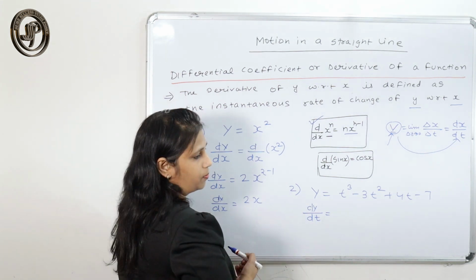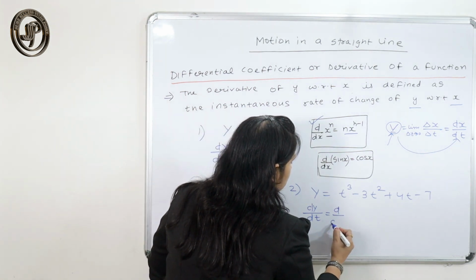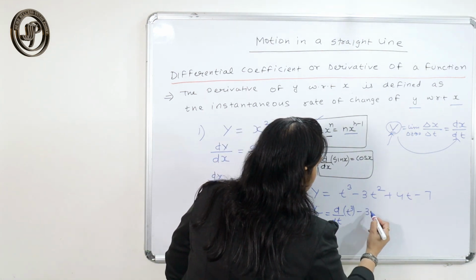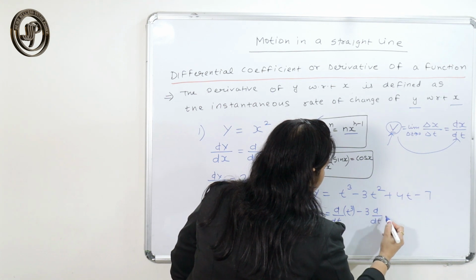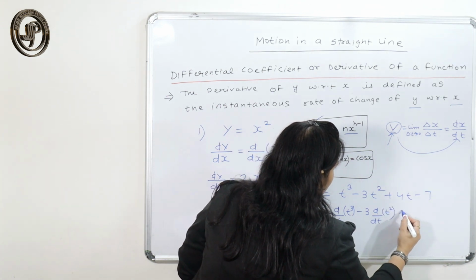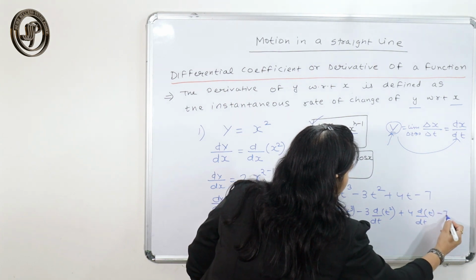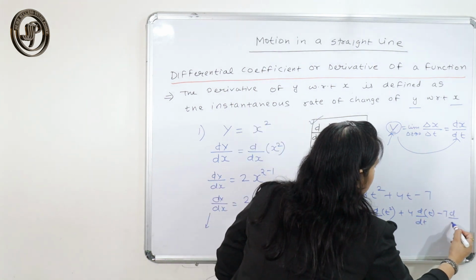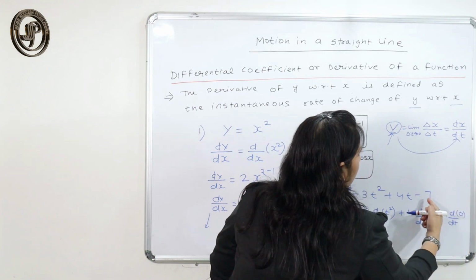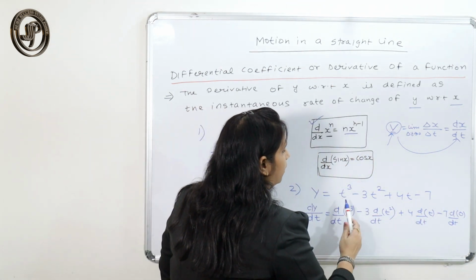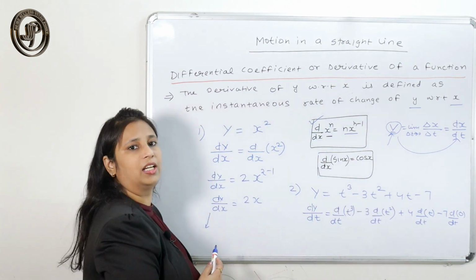How can I do this? d by dt of t cube minus 3 d by dt of t square plus 4 d by dt of t minus 7 d by dt of 0, because here there is no function. We just have to apply the derivative to each term separately.